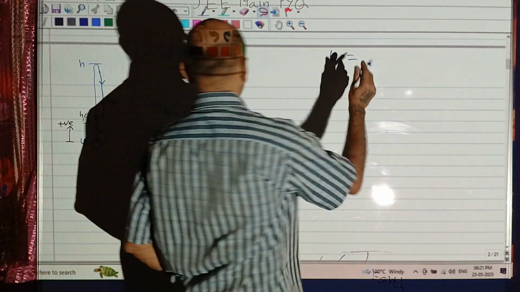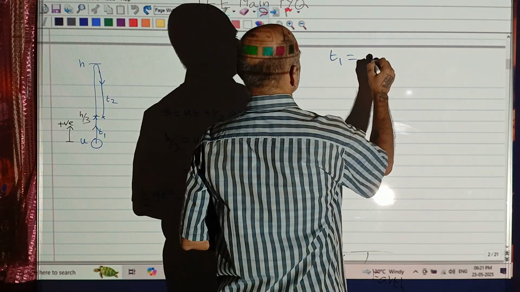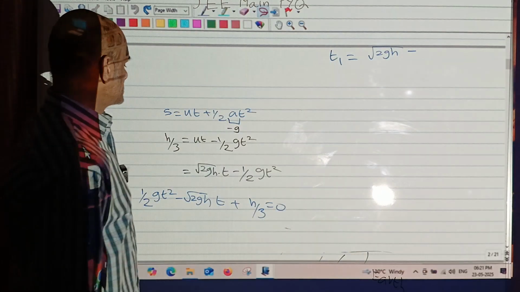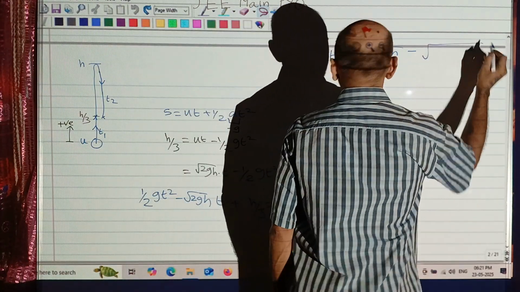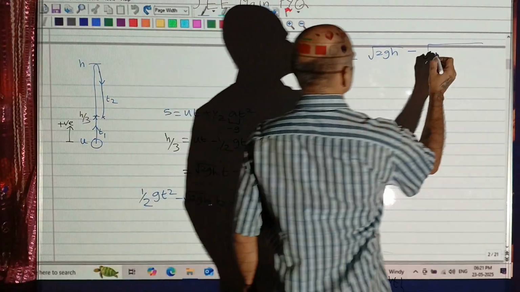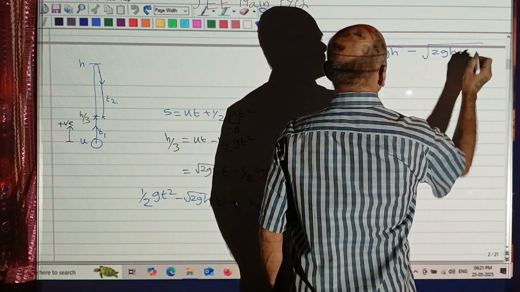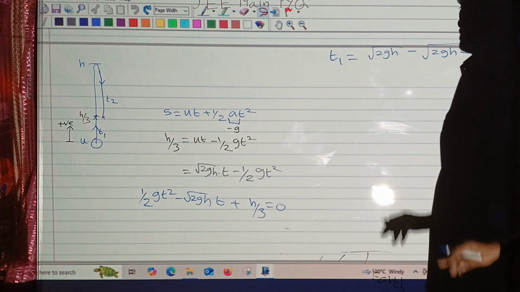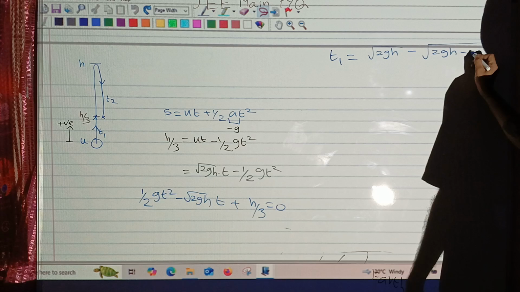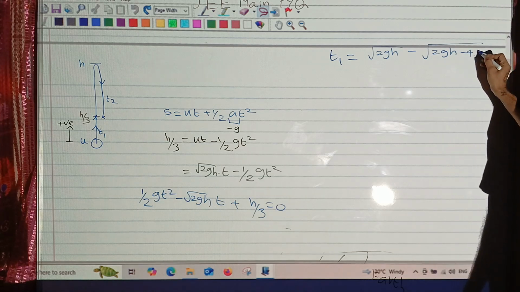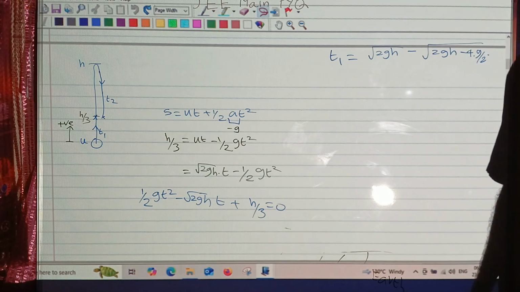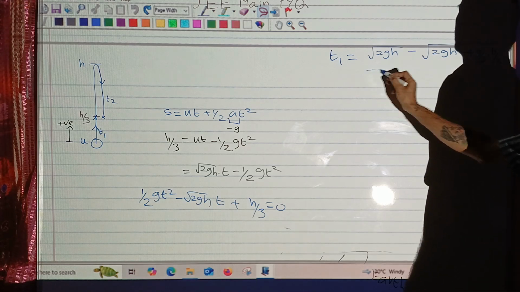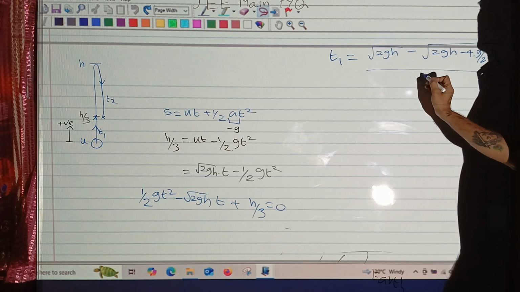So t1 is minus b minus square root of b square, which is 2gh, minus 4ac, where a is g by 2 into c is h by 3, divided by 2a, which is g.